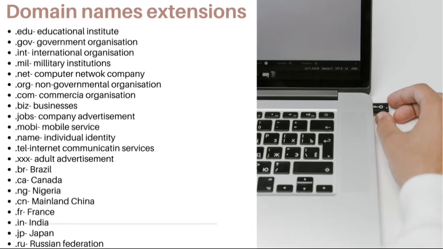Or they will say at gmail.org. It means it belongs to a non-governmental organization. Or they would say at gmail.br. It means that the email is from Brazil. Or at gmail.mobi. It means it belongs to someone with a mobile service company. There are a lot and a lot of them.